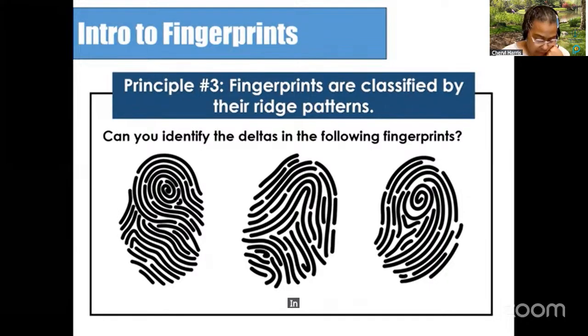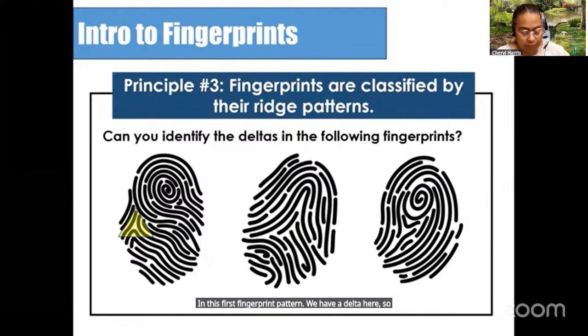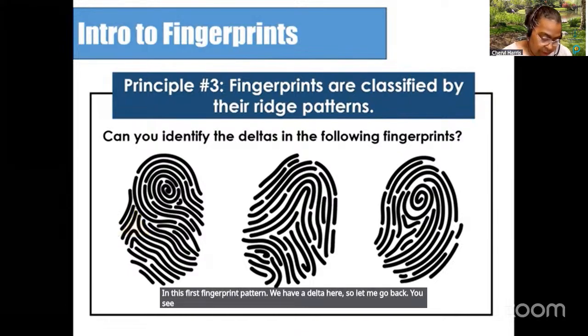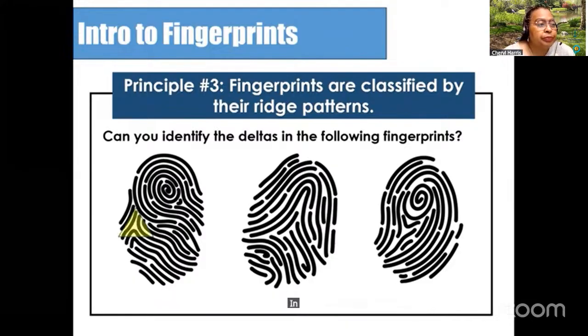In this first fingerprint pattern, we have a delta here. So let me go back. You see how the ridge lines sort of merge together. We have sort of this triangle shape. In the middle fingerprint, we have a delta here. And then on this final fingerprint, we have a delta just under the core, which is here.